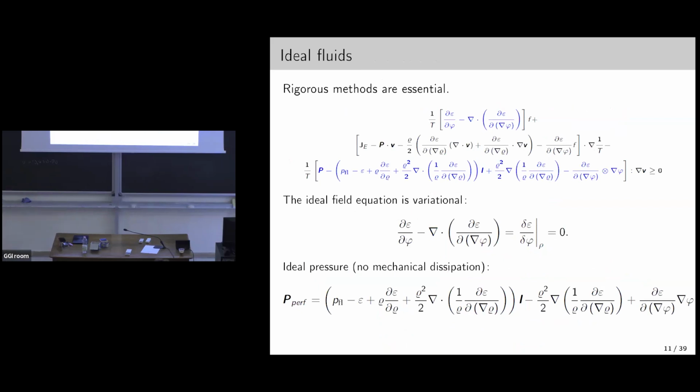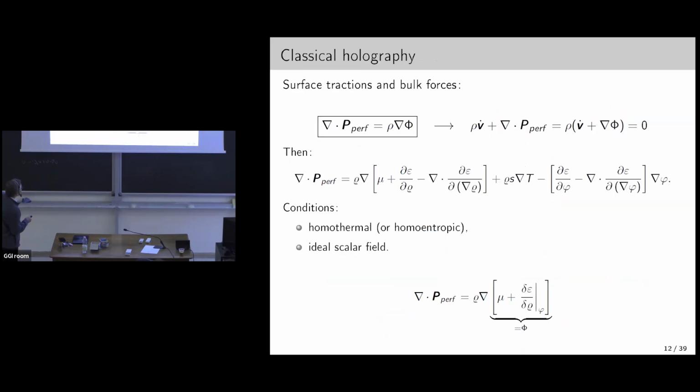Okay, what kind of properties can we conclude yet? So as I mentioned, the ideal field equation is variational, and the ideal pressure has this form. Somehow it's out of the picture, sorry, but I think only the closure parenthesis is missing. It doesn't seem to be very intuitive.